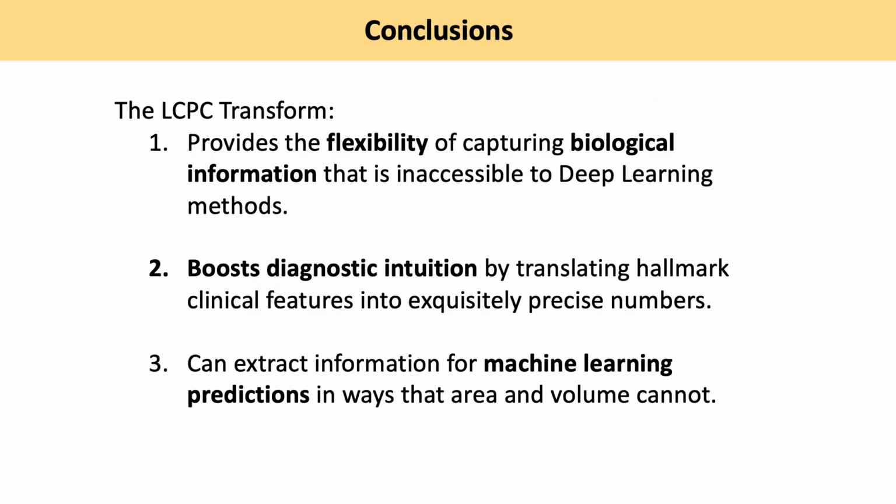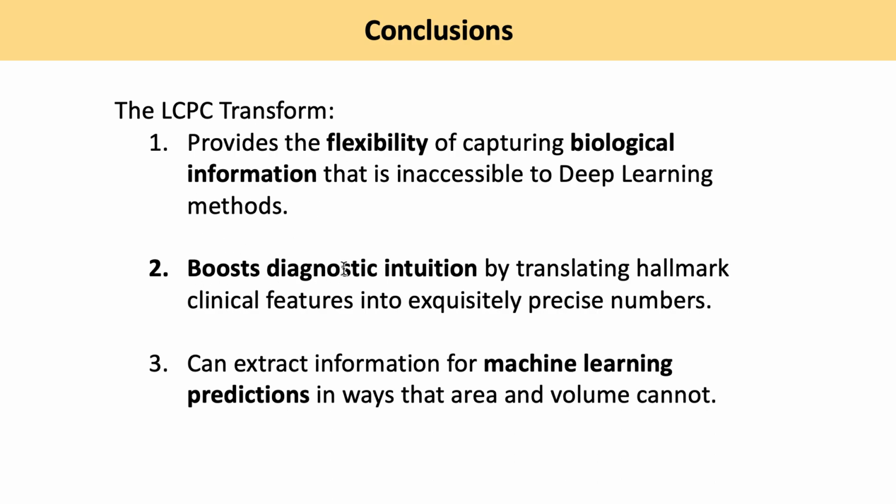So in conclusion, the LCPC transform, one, provides the flexibility of capturing biological information that is inaccessible to deep learning methods. But the cool thing is that once you have defined a way to objectively measure what you want to measure, then you can employ the deep learning approach to quickly identify the shapes for you.